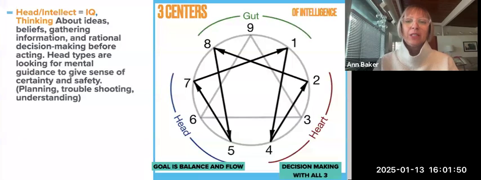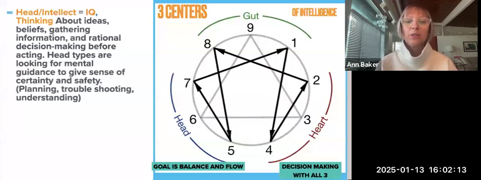So these 3 centers of intelligence are essential for really optimizing our ability to access our true self, or our essence. When we are stuck in an ego pattern, we're usually not really using all 3 of our centers.